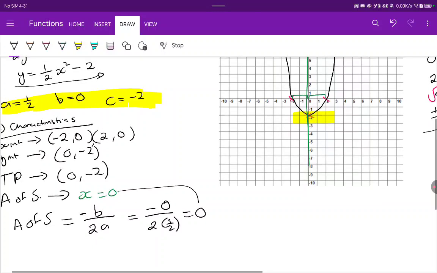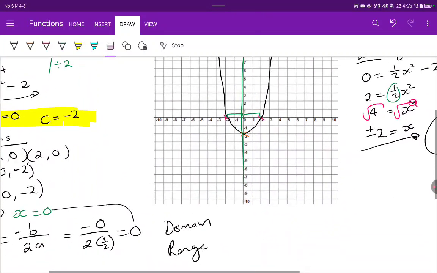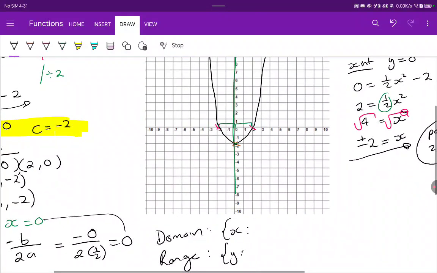What about domain and range? Okay, let's do this. I'm going to do range. The question for range is in terms of the y values, right? Which values are valid and which values will never exist? If I look at this graph, I have a turning point or a lowest point, and that is over here on this line.